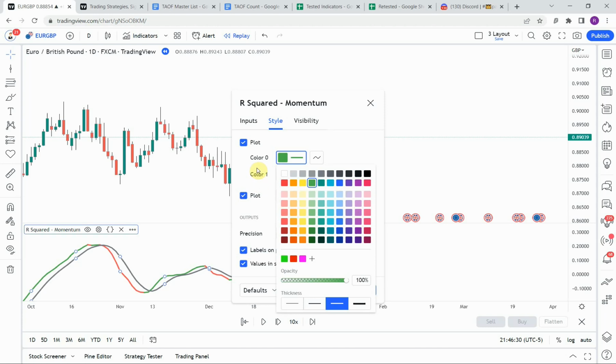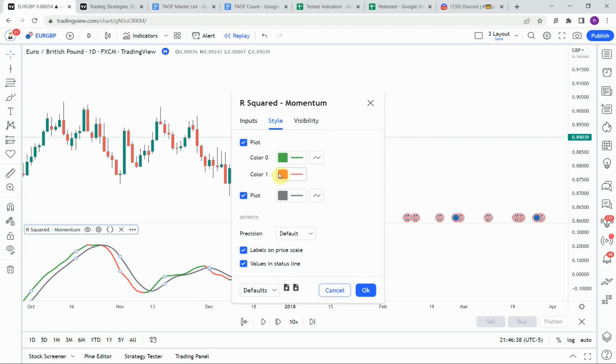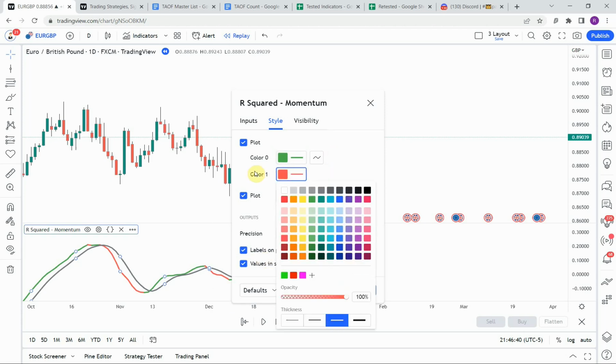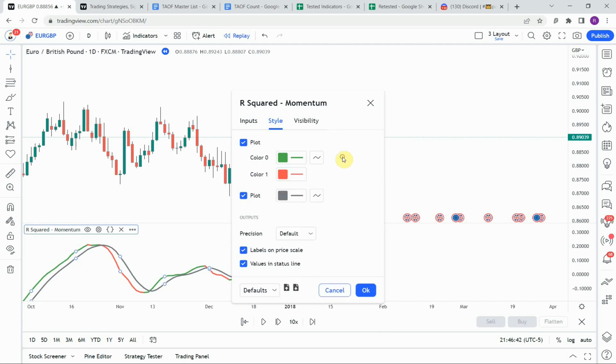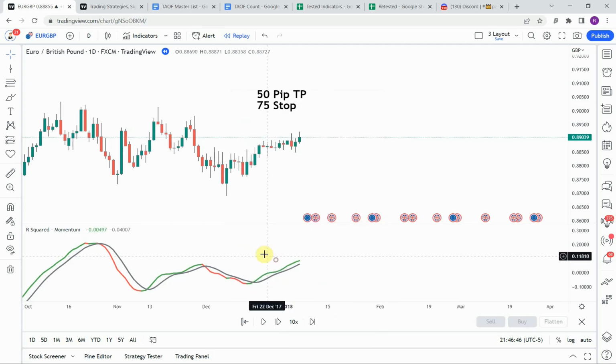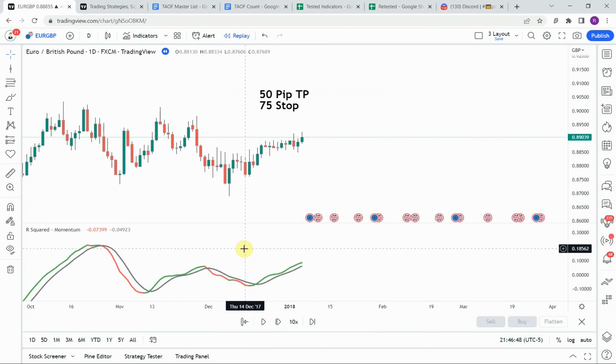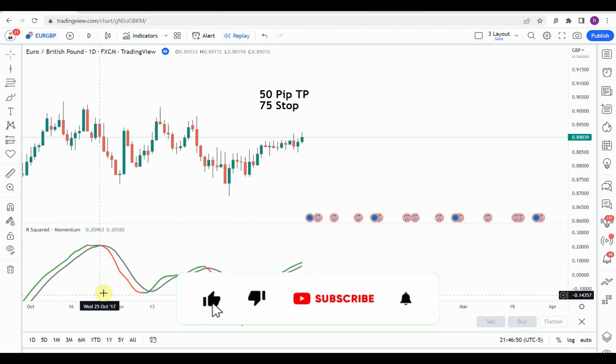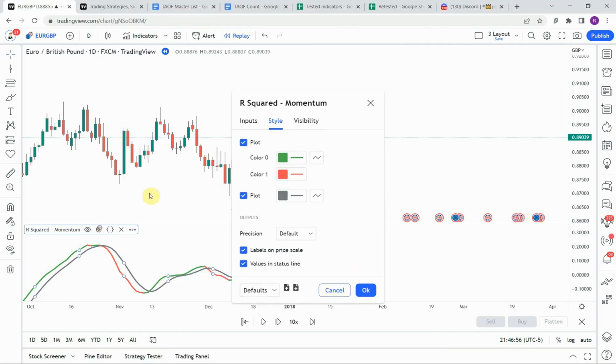On the color 0 here, we bumped up the line weight to the second to last. On the color 1, bumped up the line weight the same, and on the plot again bumped up the line weight to the second to last one, and that just made it a little bit easier for you to see the indicator here on screen.